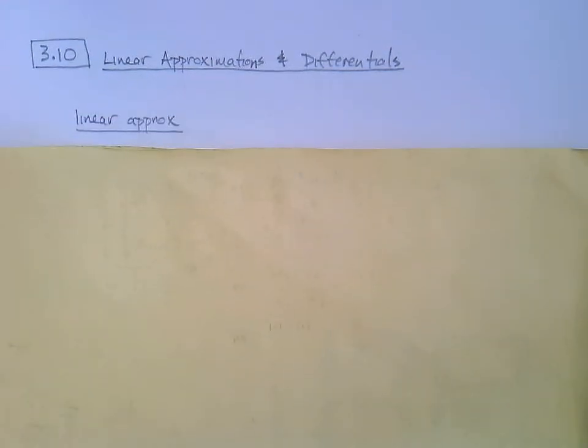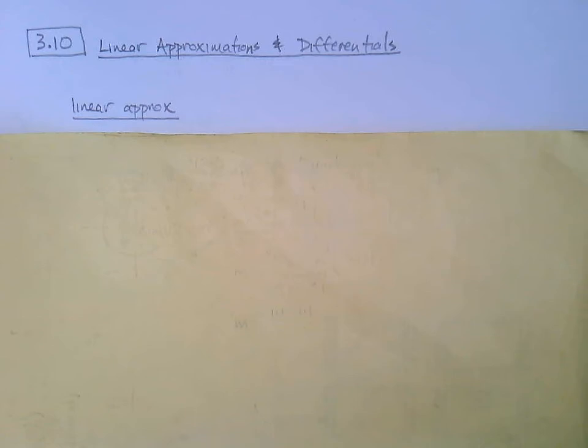So we're going to start with linear approximations and just talk about that for a little bit. This is a great time to introduce this idea with a discovery kind of example.